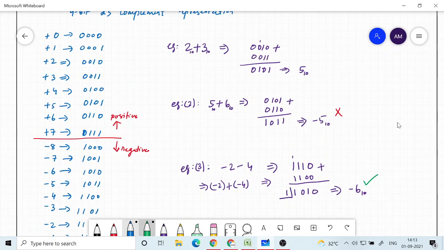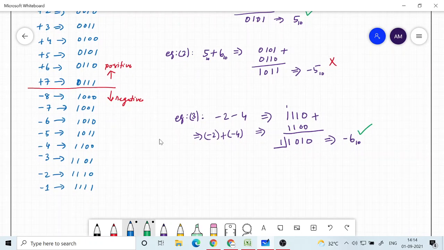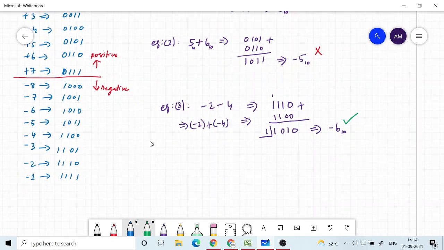So we considered 3 examples, out of which 2 did not have overflow, and 1 of them had overflow. And there is one more case we will consider where overflow can happen. That is example 4.